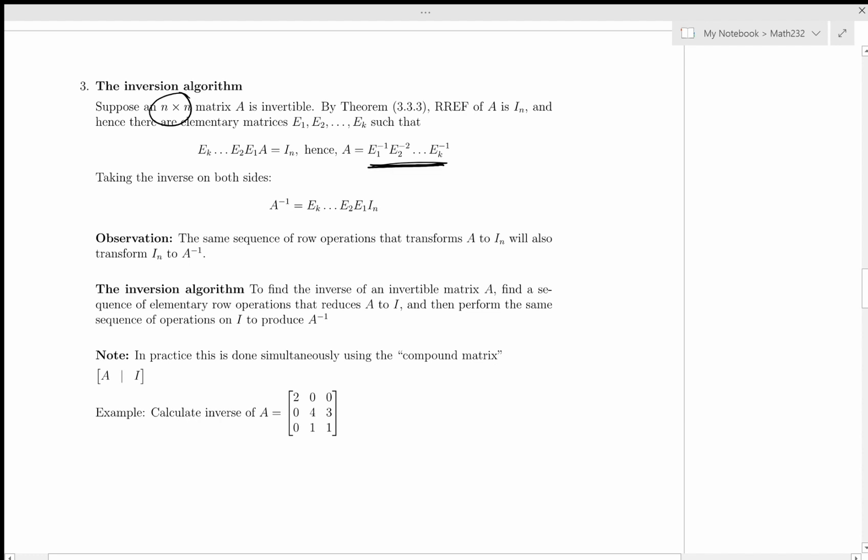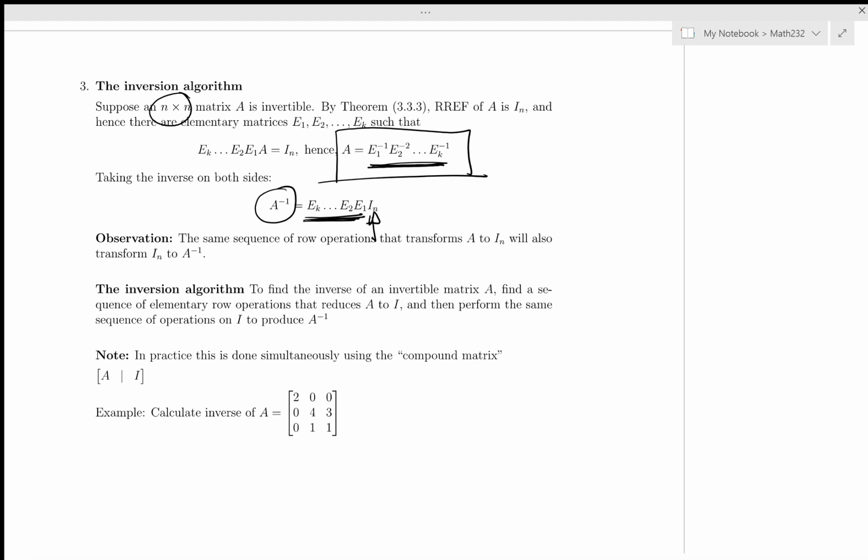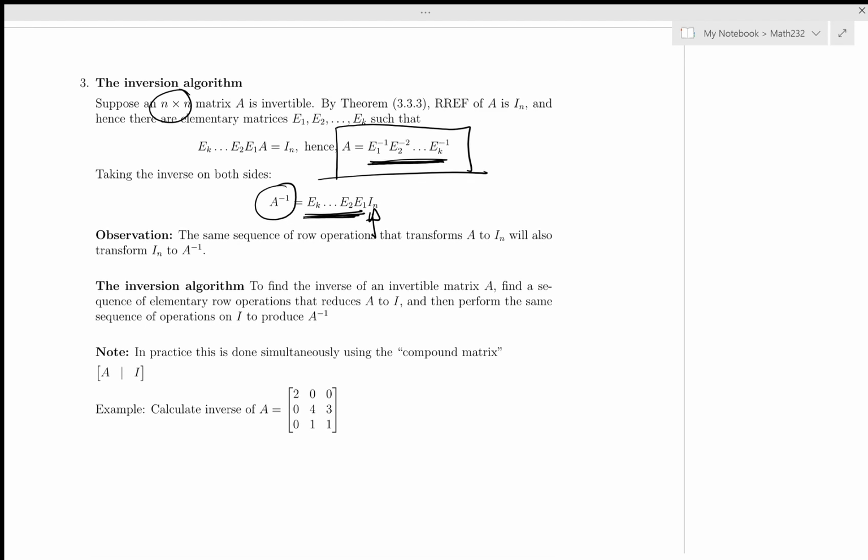So now I take the inverse on both sides, and I see that the inverse of A is the very row operations that I use to reduce A applied to the identity matrix. So I'm going to use this as my algorithm for finding an inverse. Let's see how this is done in practice.